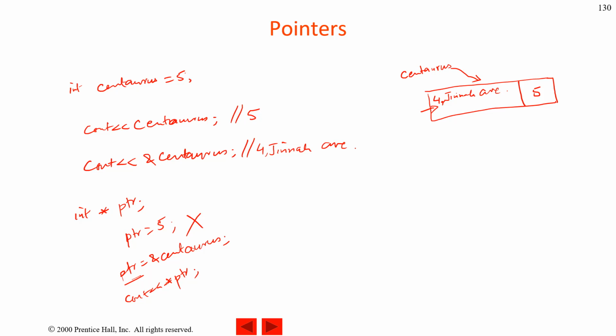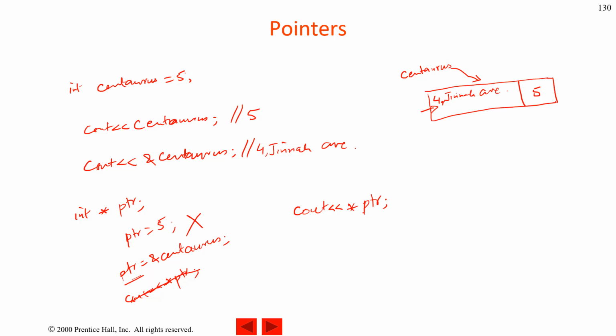Asterisk means the value of. One use of asterisk is for multiplication; this is another usage of that asterisk for pointers. Let me write this clearly so that you can understand. Let me write cout, asterisk and PTR.